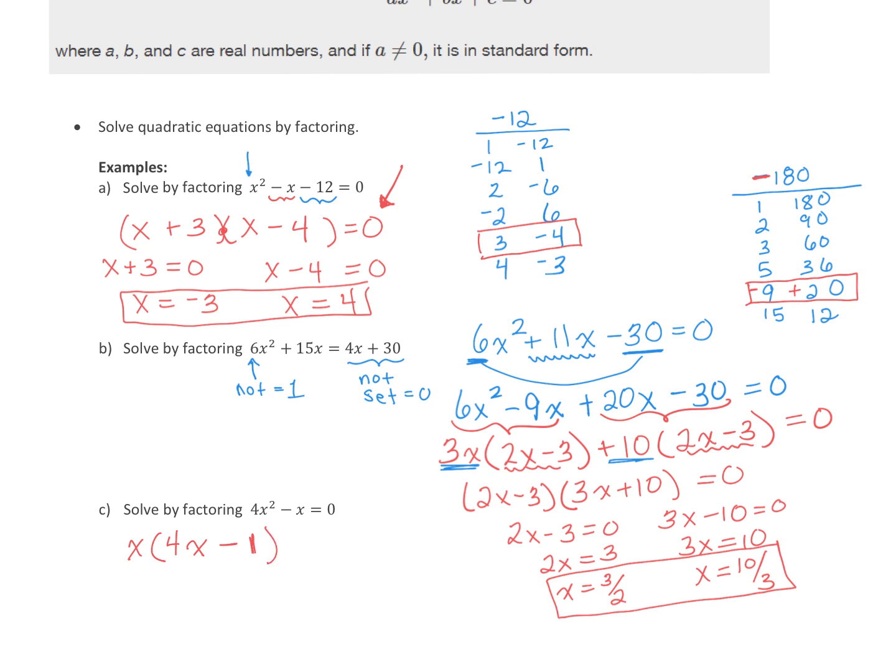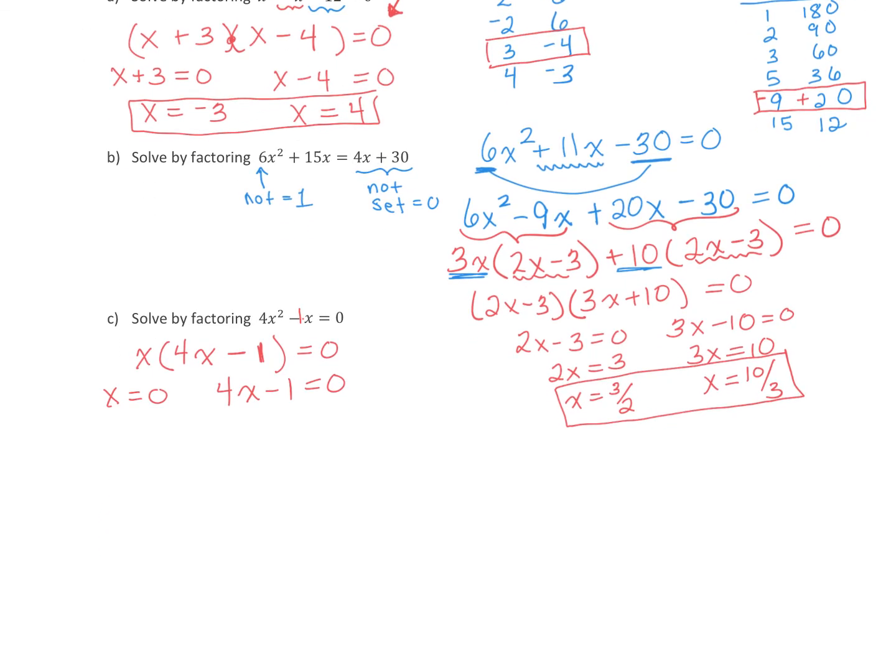So this is like a 1 times an x. So remember, when you pull that x out, we still have that 1. And using the zero product rule, we set each factor equal to 0. And we get x equals 0 and x equals 1/4. Again, we got two answers here.